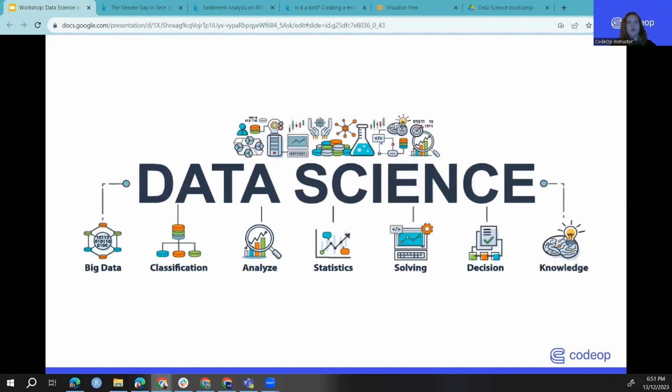So data science, okay, now that we understand the bigger picture, let's dig a bit deeper into it. Data science is a multidisciplinary field that combines mathematical and statistical techniques, programming skills, and domain expertise to extract valuable insights from data.